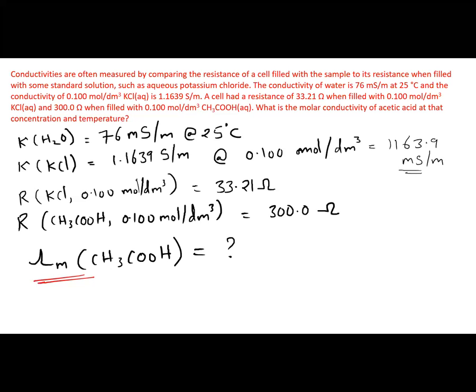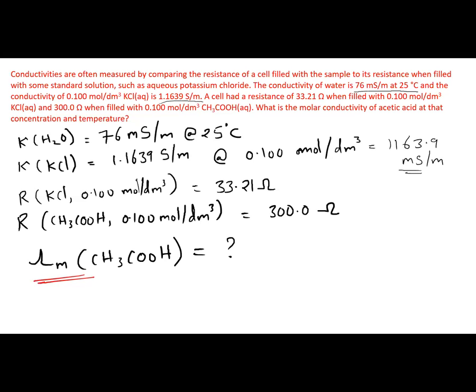Next question. Conductivities are often measured by comparing the resistance of a cell filled with the sample to its resistance when filled with some standard solution, such as aqueous potassium chloride. The conductivity of water in millisiemens per meter at 25 degrees Celsius is given, and the conductivity of 0.100 mole per dm cube KCl solution is 1.1639 Siemens per meter.